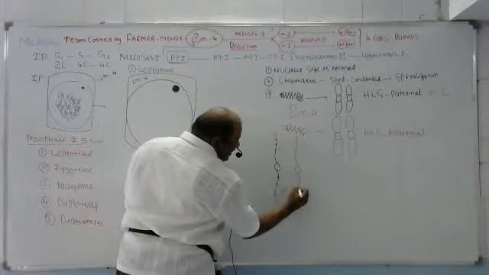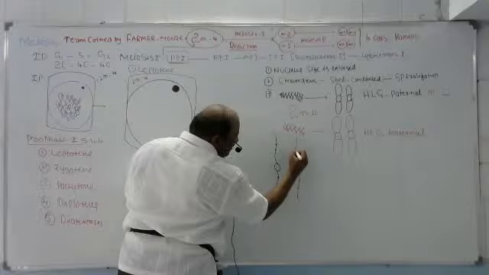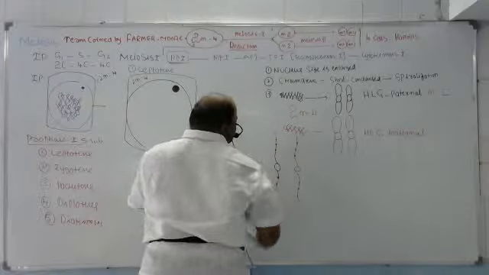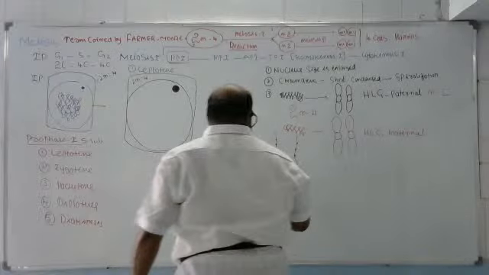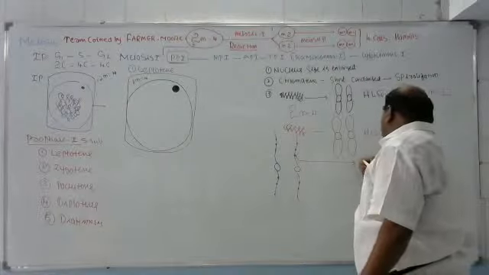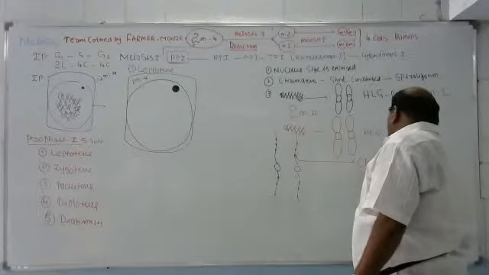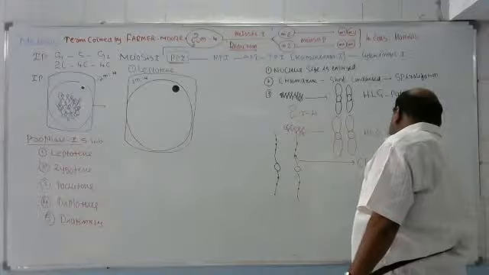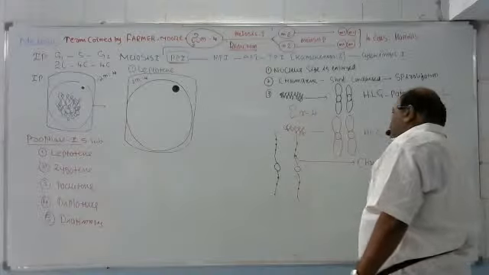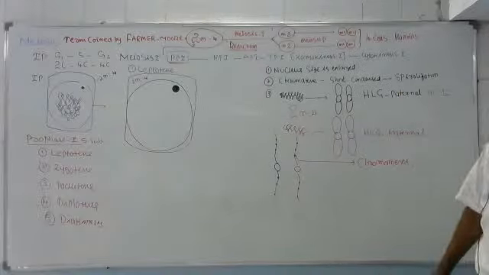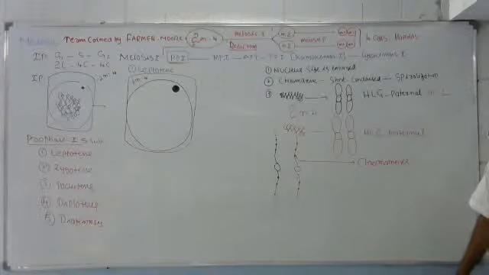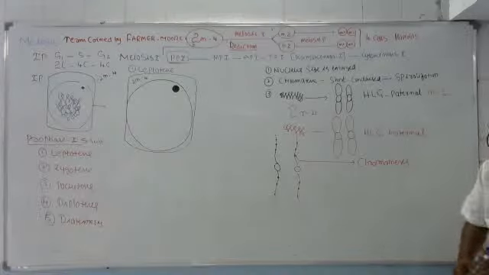Small bead-like structures are present on these chromosomes. These are called chromomeres. Chromomeres. The last line in the prophase I recall.